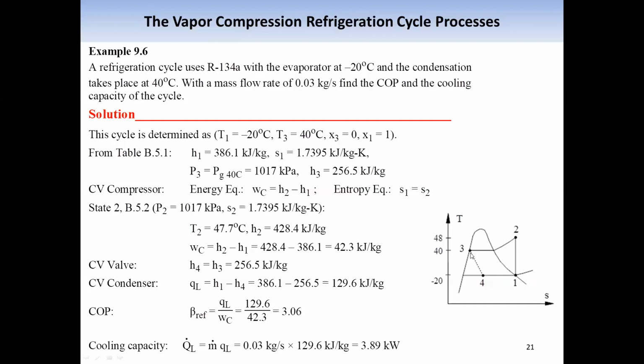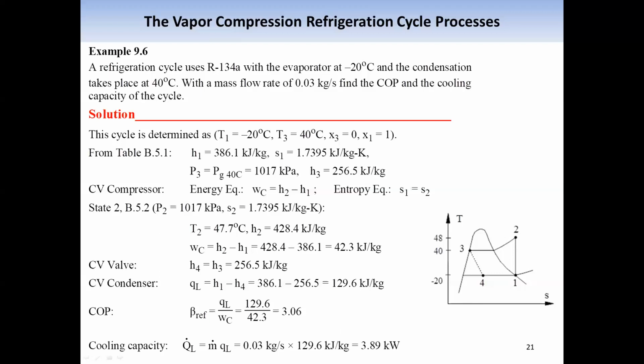Now from state 3 to state 4 is a constant enthalpy line. There will be entropy generation from state 3 to state 4. Therefore, we can find the state 4 conditions, constant enthalpy from state 3 to state 4. State 4's temperature is known, so state 4 is fully stipulated.